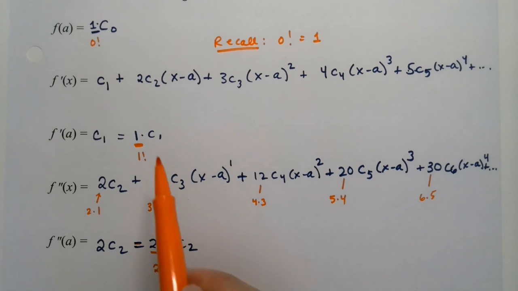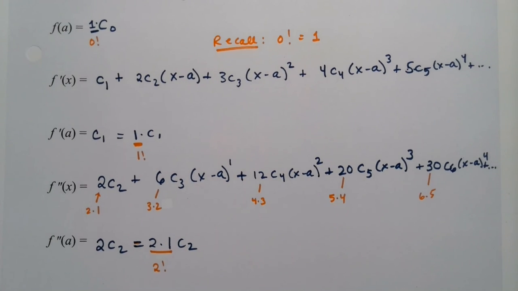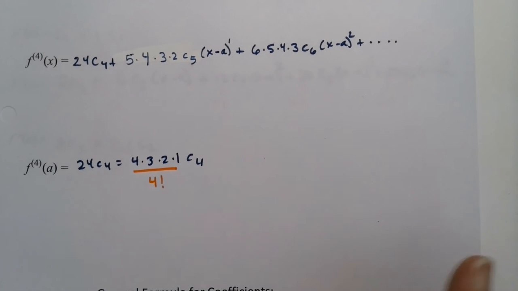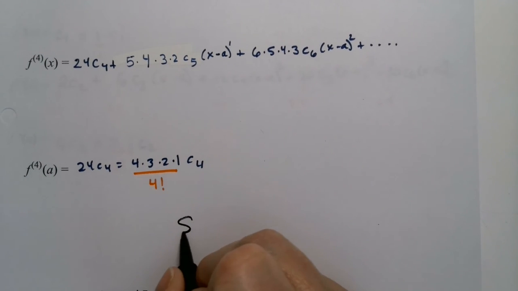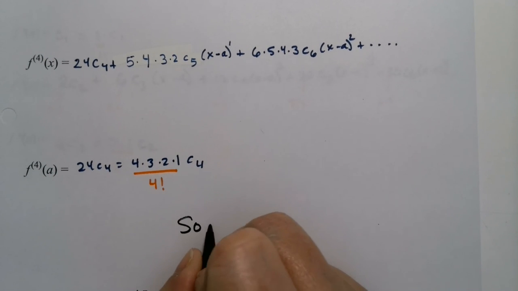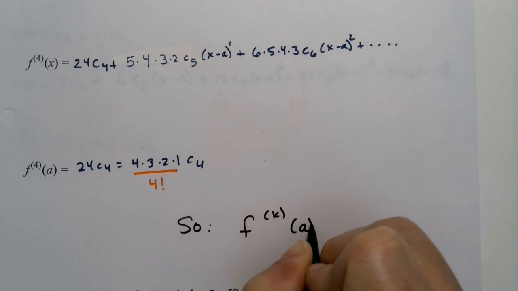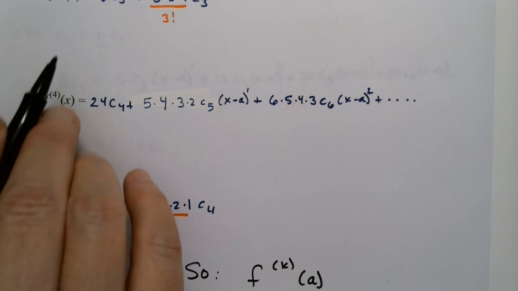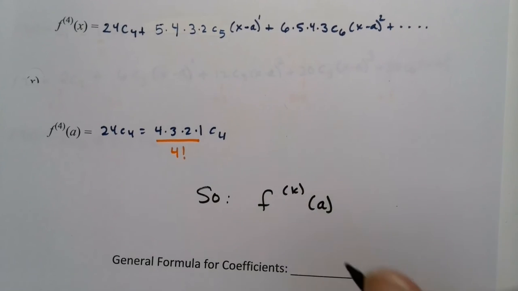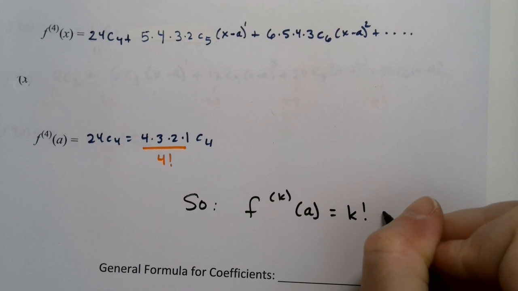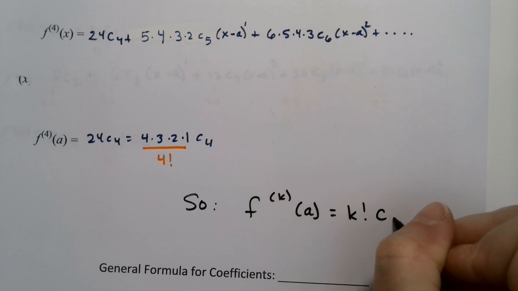So that means that f to the kth derivative would be, let me write it down. So if you look at the pattern, the kth derivative at a, which are these secondary ones that we're finding, is always equal to k factorial times ck.